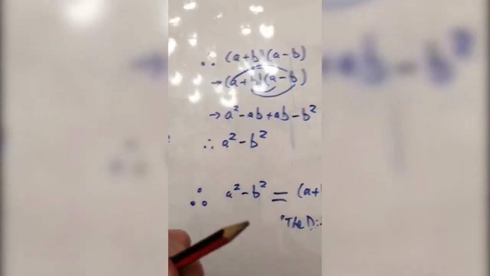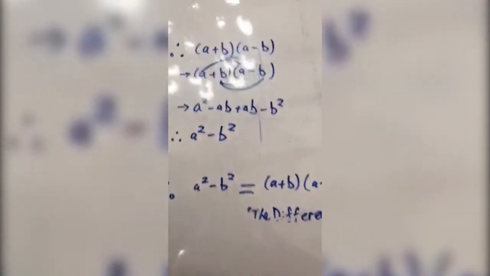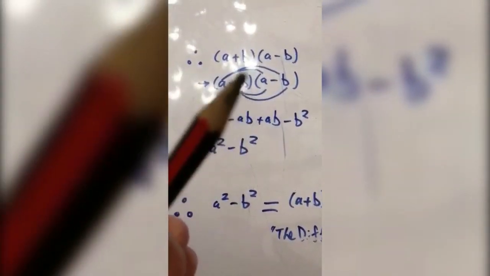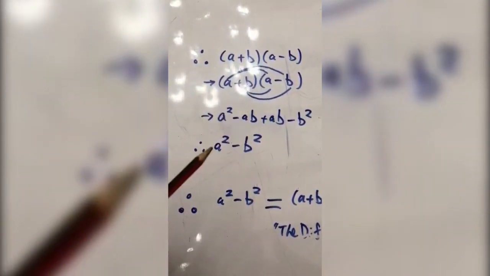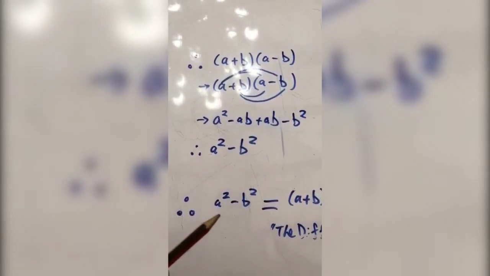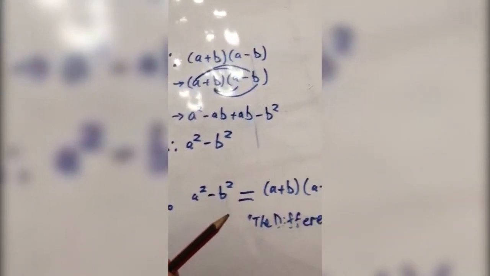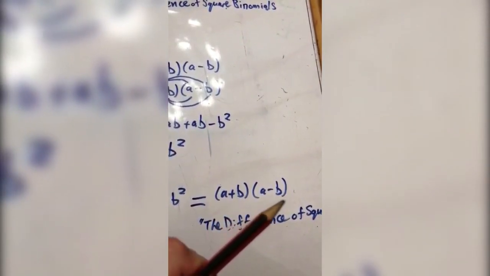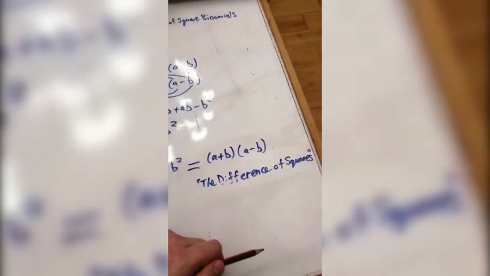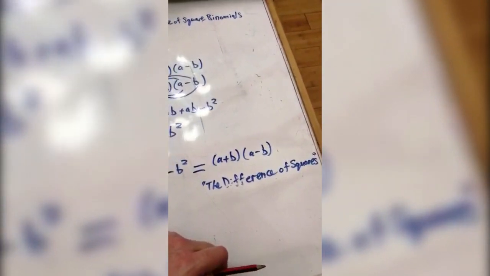Therefore, if (a + b)(a − b) simplifies down to a squared minus b squared, then a squared minus b squared can also be expressed as (a + b)(a − b). And that is the summary.